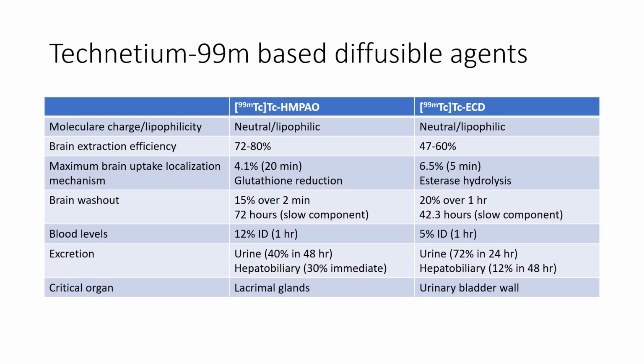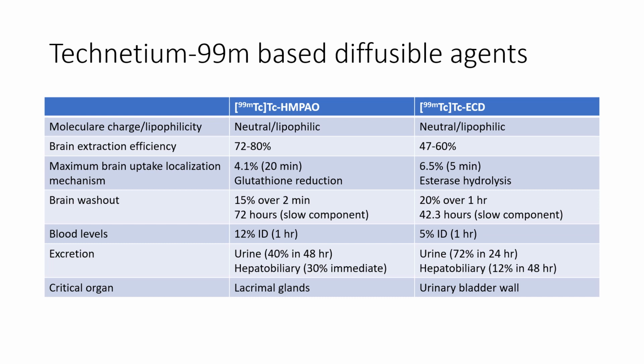Then some diffusible agents were developed that are neutral and lipophilic, like technetium HMPAO or technetium ECD. They are extracted efficiently out of the brain, and they are distributed to the brain as a function of blood flow. The trapping mechanisms are different for these two radiopharmaceuticals.